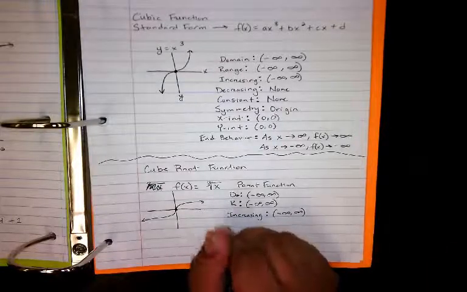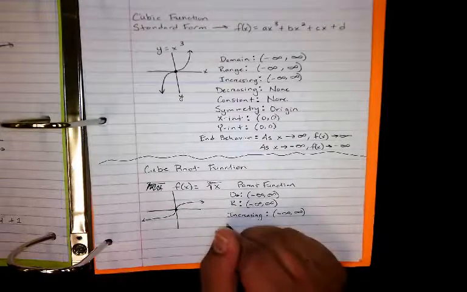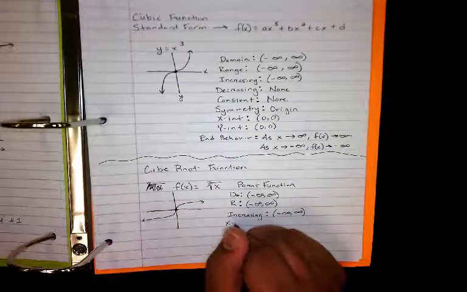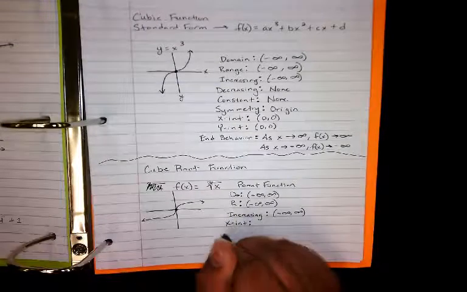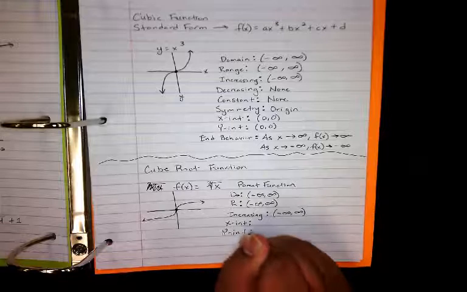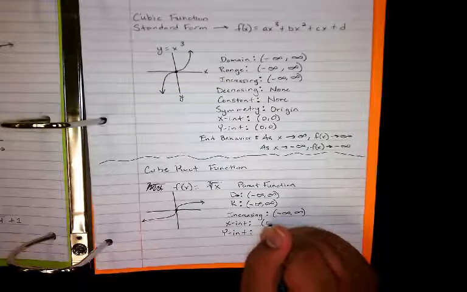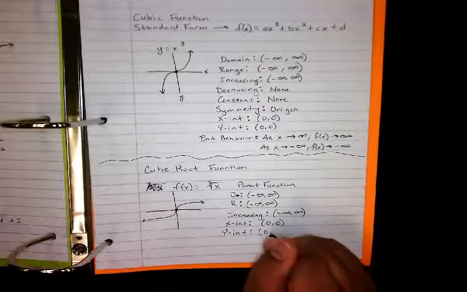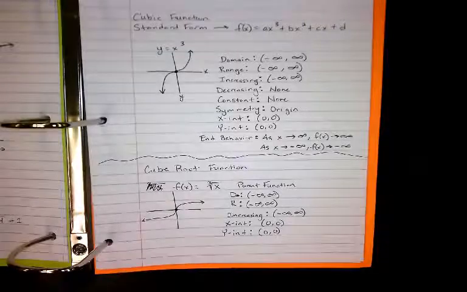There's not a constant. So you have your x-intercept, y-intercept, both at 0, 0. That's where it crosses the x and y axis.